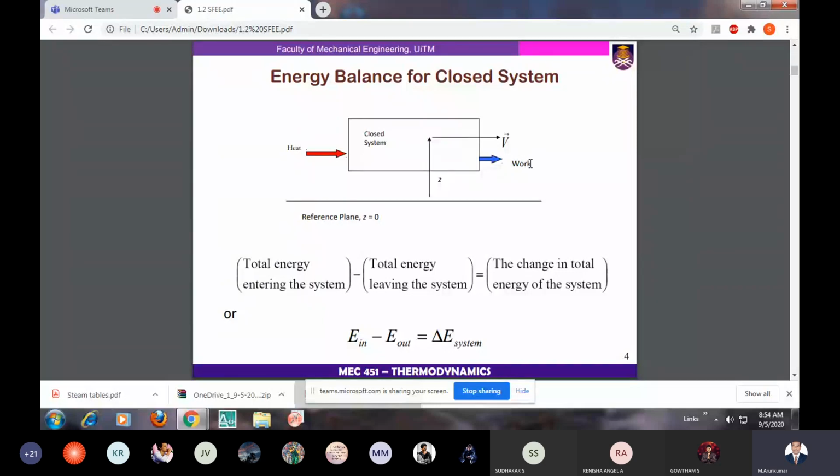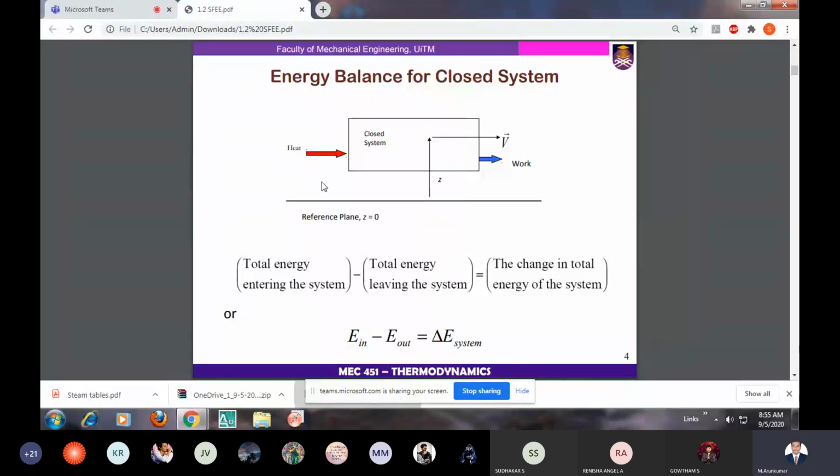This Z is an elevation. This V is the velocity. Then this reference plane is Z equal to 0. So Z is the elevation or height, right?